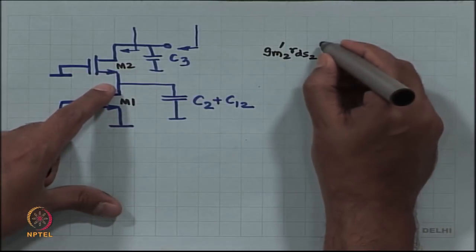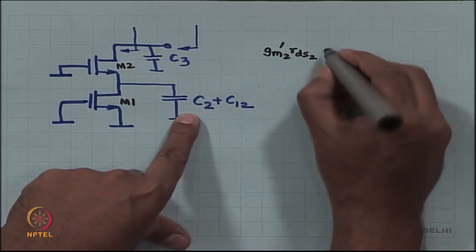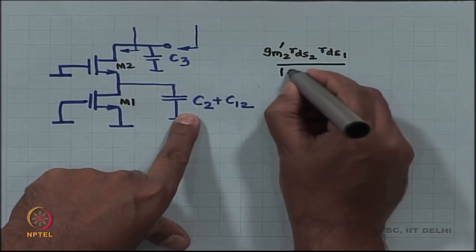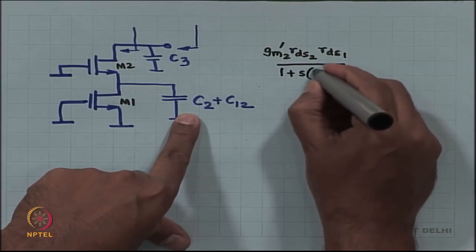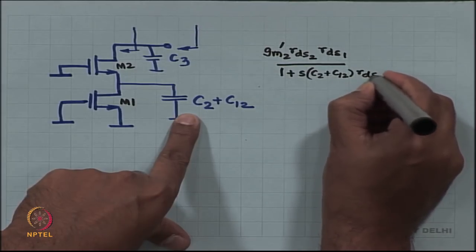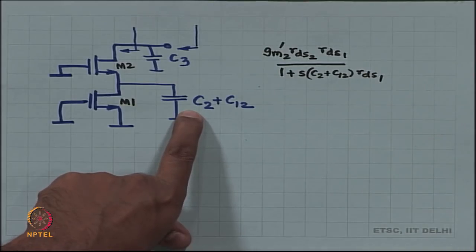What is on the source is RDS1 in parallel with C2 plus C12. Fine, I have written by inspection.